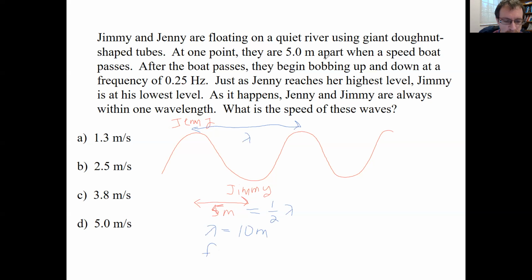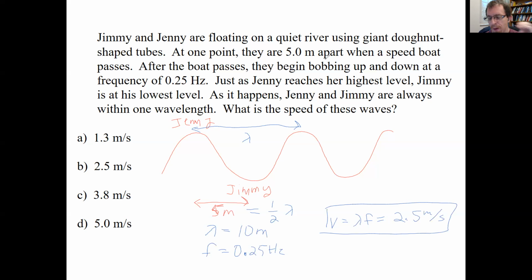And I'm told that the frequency is 0.25 hertz. So if I put that information together, V is equal to lambda f, I will have 10 times 0.25. I will get 2.5 meters per second. One thing that you might be wondering about is the units there.